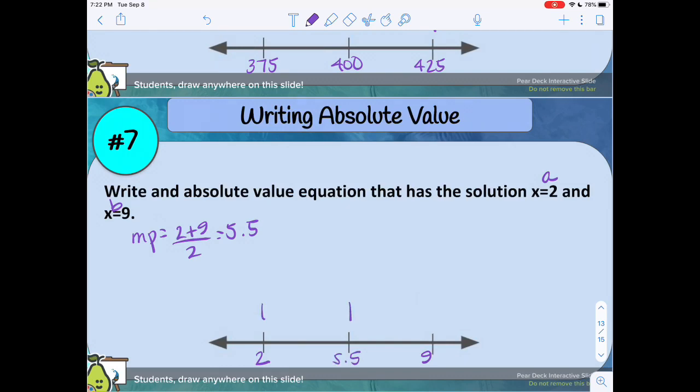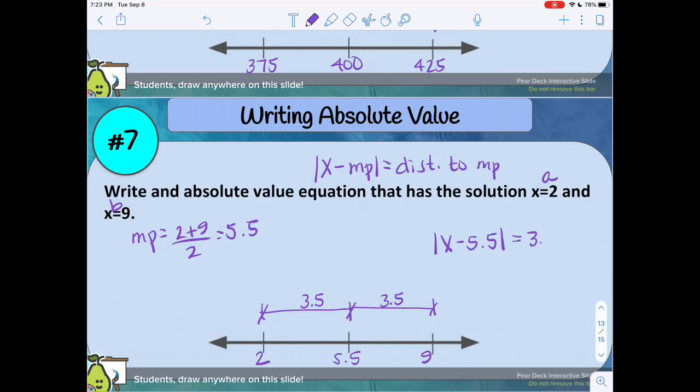We can again figure out the distance between 5.5 and 2 as 3.5, and the distance between 9 and 5.5 as 3.5. So using our format of the absolute value of x minus the midpoint is equal to the distance to the midpoint, I have |x minus 5.5| is equal to 3.5.